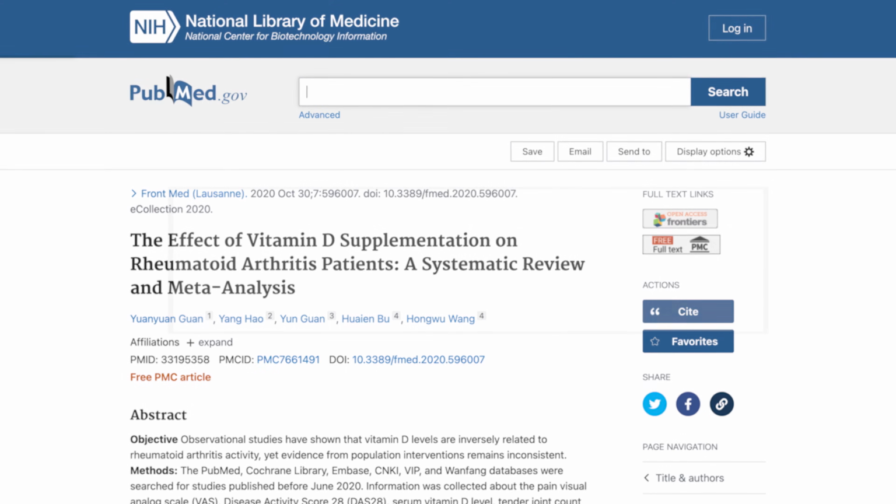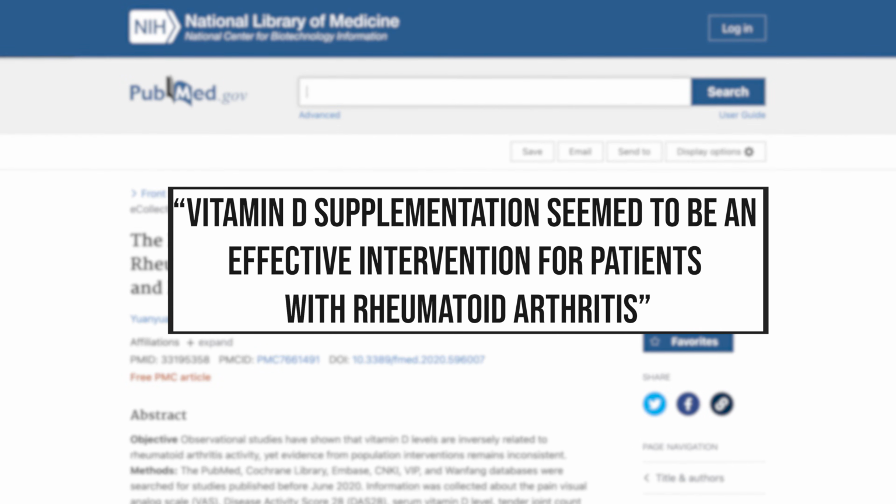Another meta-analysis, again of 6 clinical trials, looking at about 430 patients with rheumatoid arthritis, found that vitamin D supplementation led to reduced joint pain with a fairly large effect size, meaning the magnitude of the benefit, reduced disease activity with a small effect size, and also reduced inflammatory markers like ESR, or erythrocyte sedimentation rate, again with a large effect size.